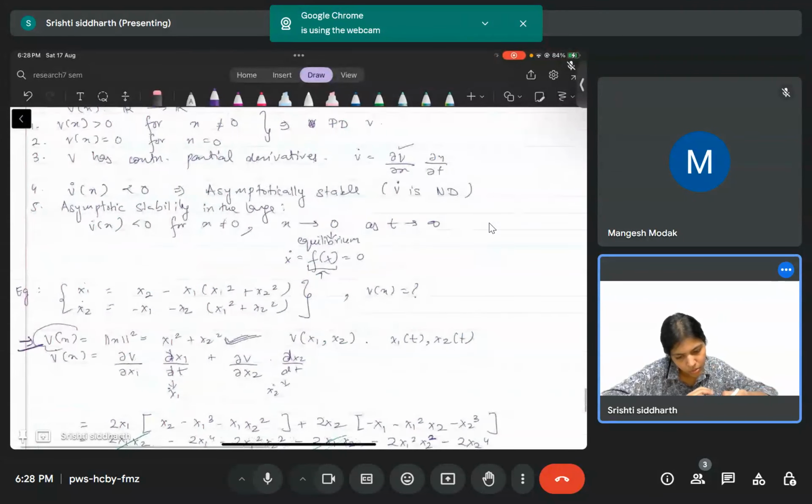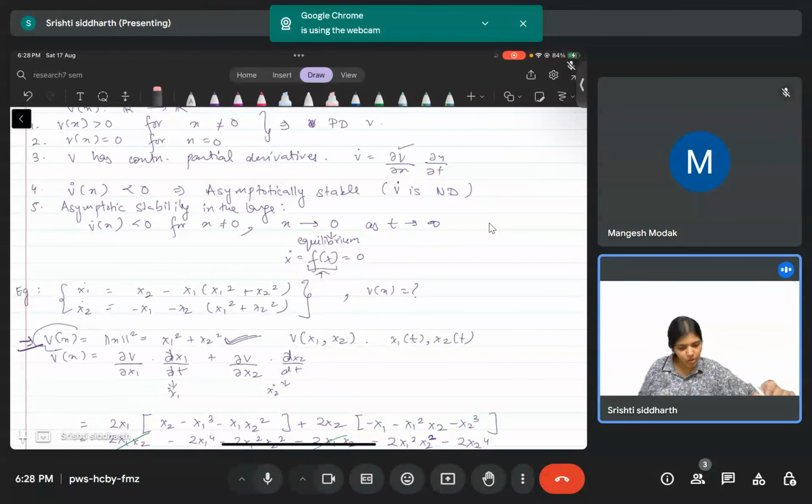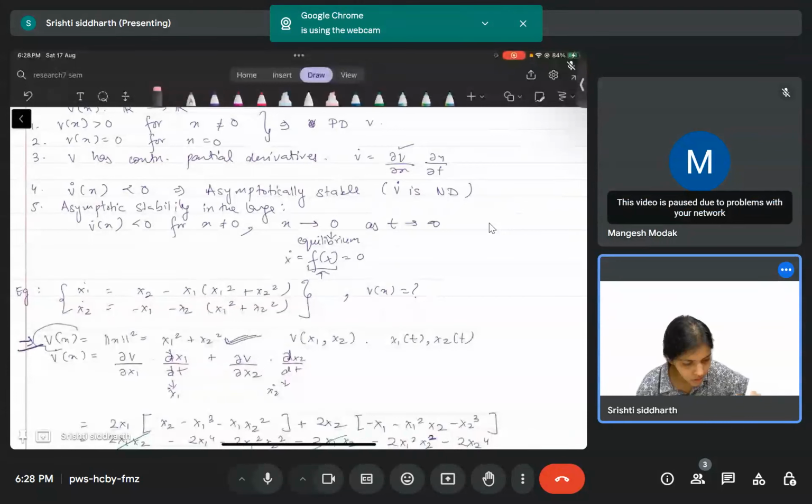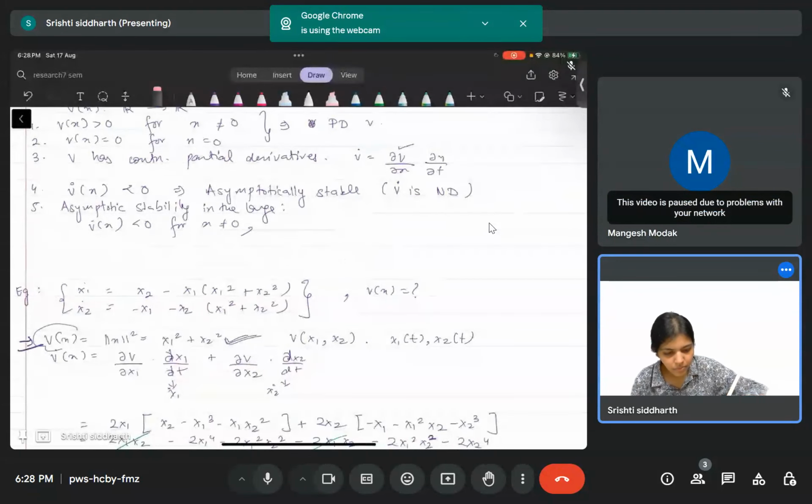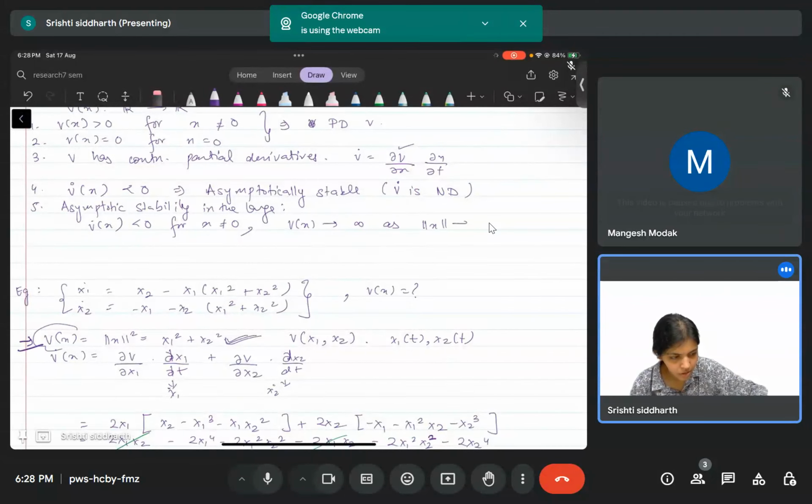For asymptotic stability in the large, we have that V dot is negative definite, and in addition, this scalar function goes to infinity as the norm of x goes to infinity.